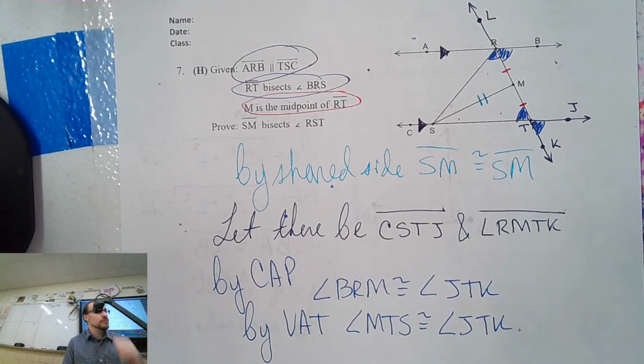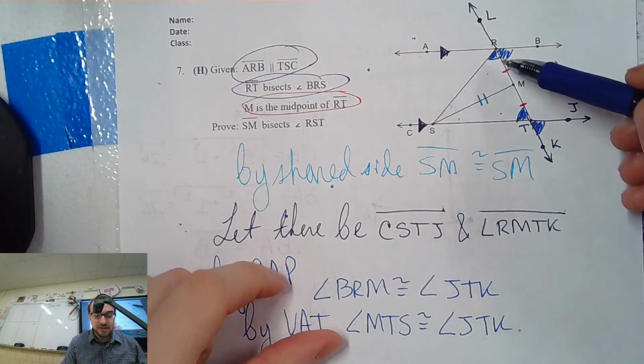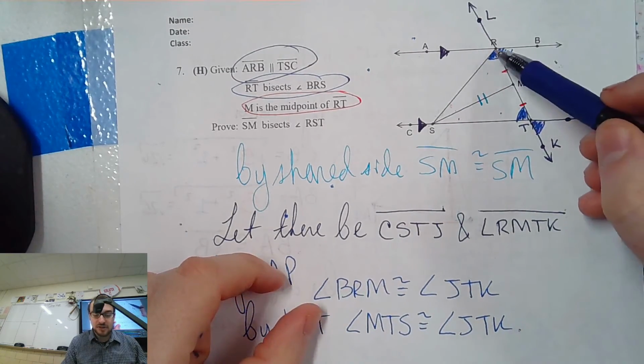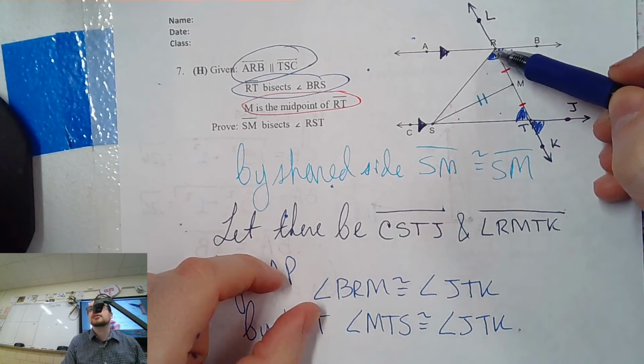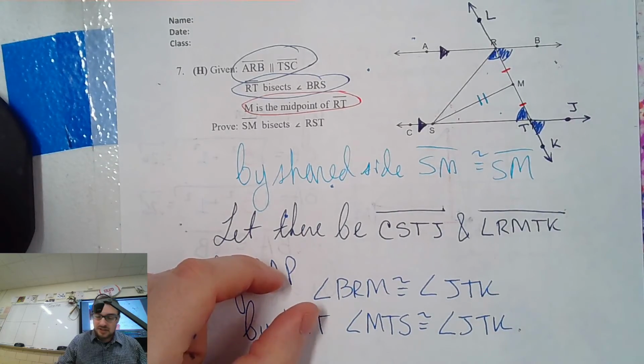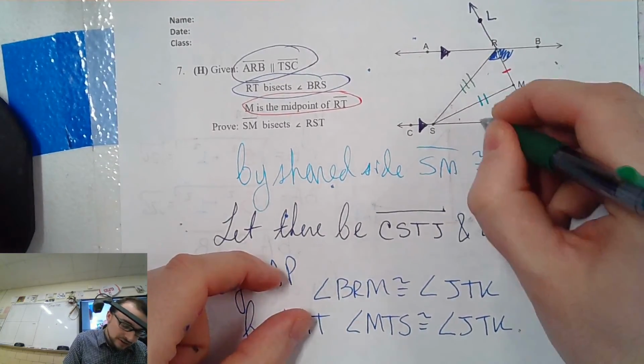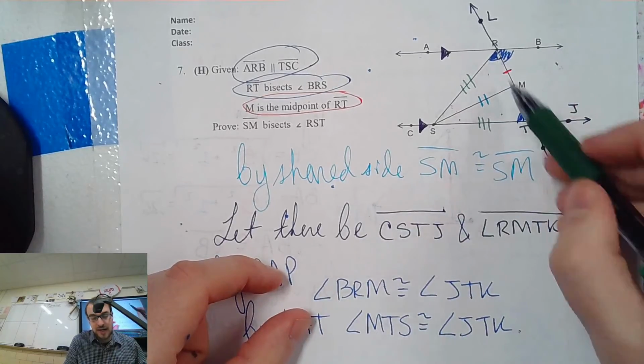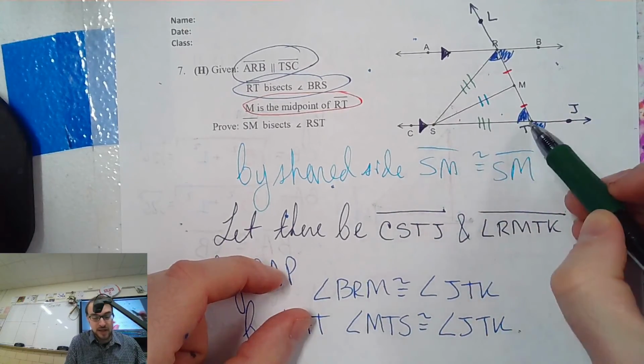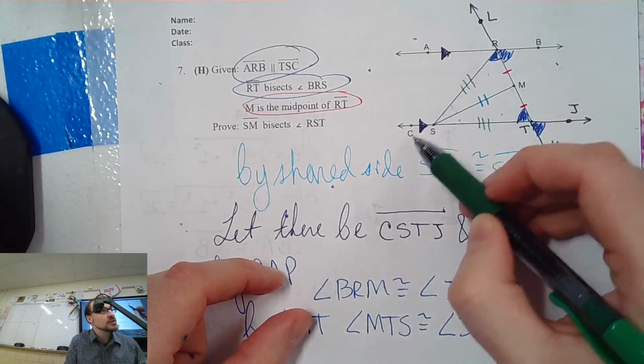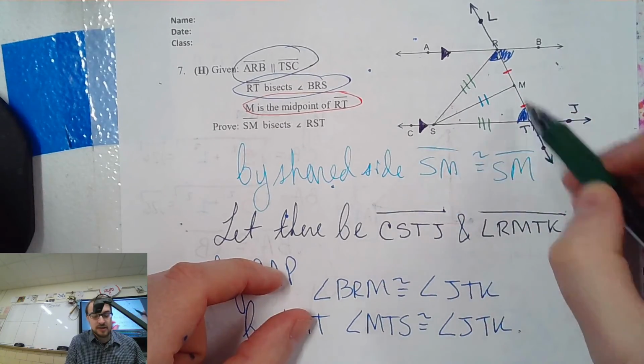It's an isosceles triangle. Killed it. All right, check it out. Jess sees an isosceles triangle. These two angles are the same, which means this whole triangle is isosceles, so these two sides are the same. Does everybody see how these two angles go with this big triangle, SRT? Good job.